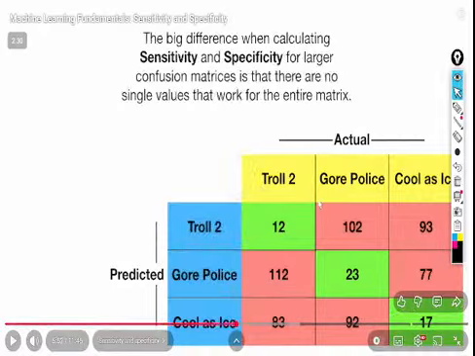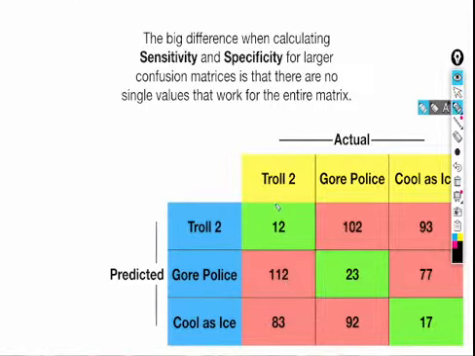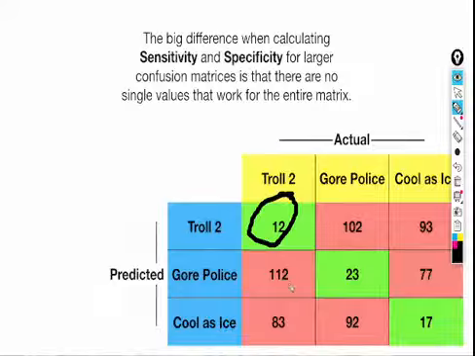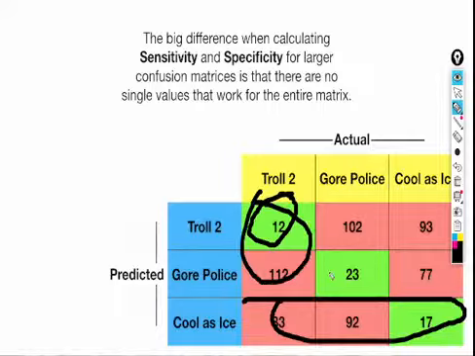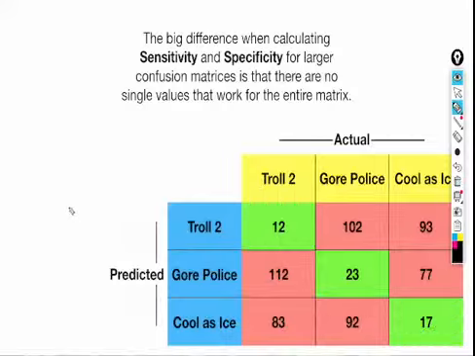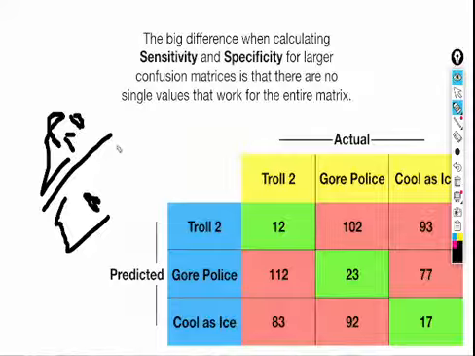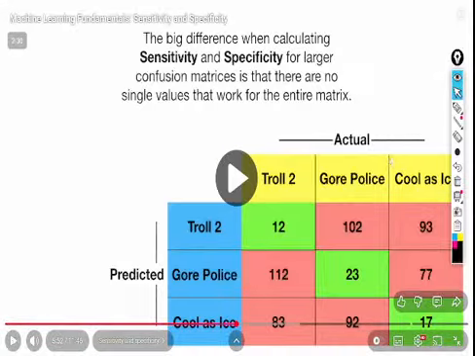The big difference when calculating sensitivity and specificity for larger confusion matrices is that there are no single values that work for the entire matrix.